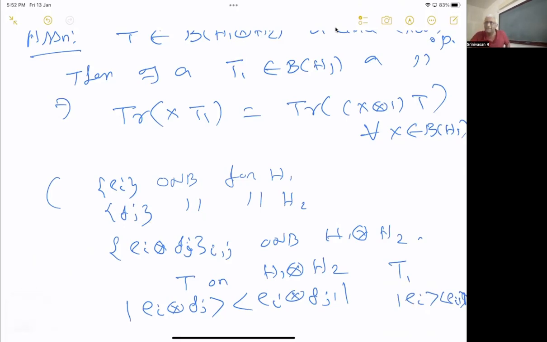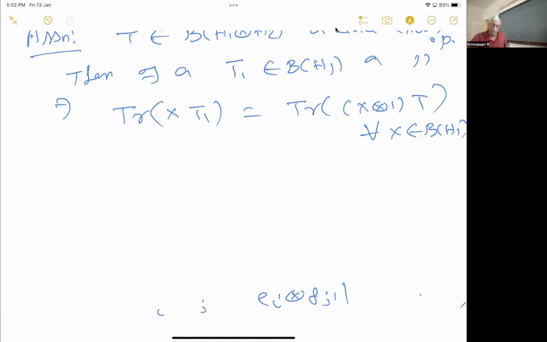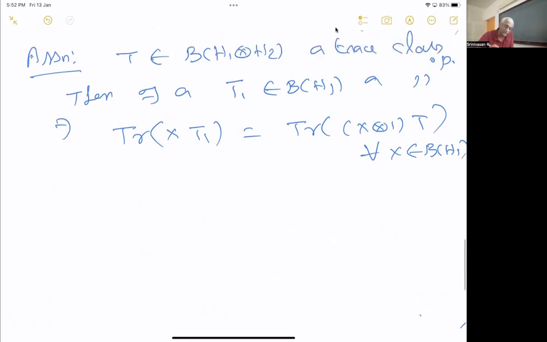This is exactly what is called the partial trace. You can do it in infinite dimension also, and that will give the right operator. You can prove the existence and then explicitly show that this works. Another thing to note: if you have a state on H1 tensor H2 and you take the partial trace, that will be a state on the first Hilbert space.